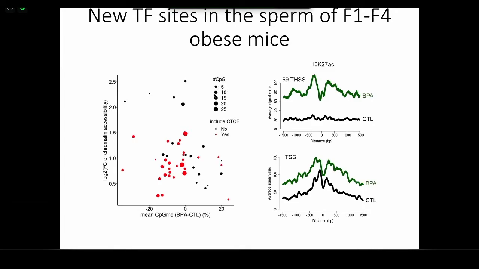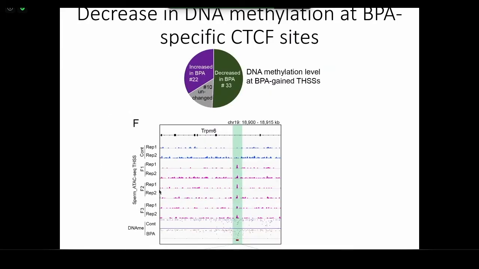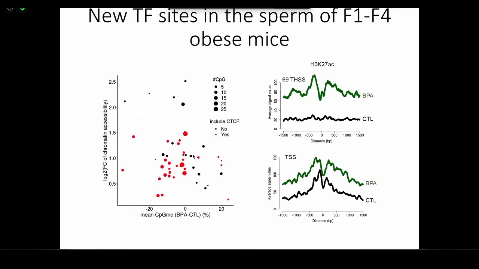The size of the circles tells you the number of CpGs, and CTCF sites are in orange. If you look at the hypomethylated regions, so all the regions below 0, you can see that it's mostly CTCF sites that are affected, okay?